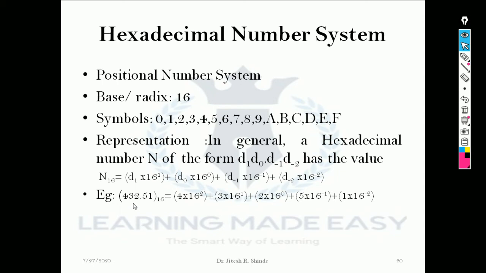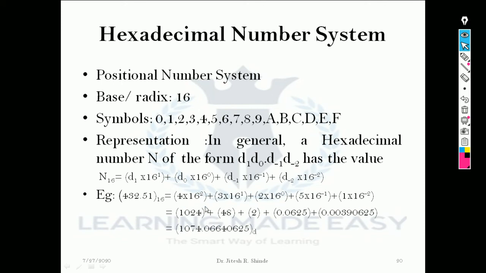It's an example of a mixed number. Here 2 has position number 0, 3 has position number 1, 4 has position number 2, 5 has position number minus 1, and 1 has position number minus 2. So we can write this as 4 into 16 to the power 2 plus 3 into 16 to the power 1 plus 2 into 16 to the power 0 plus 5 into 16 to the power minus 1 plus 1 into 16 to the power minus 2.